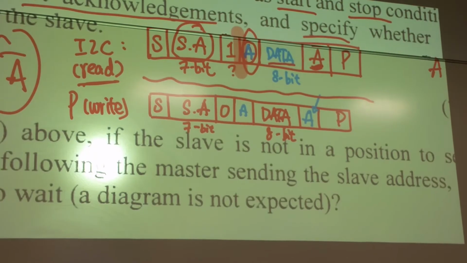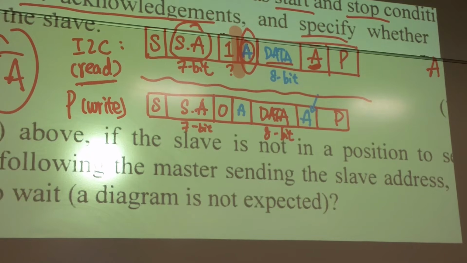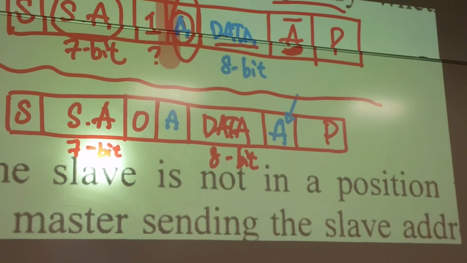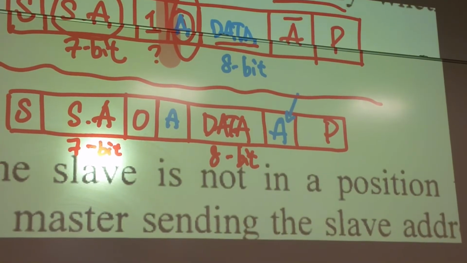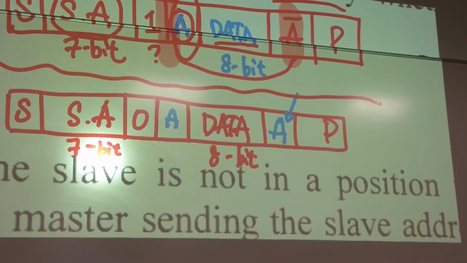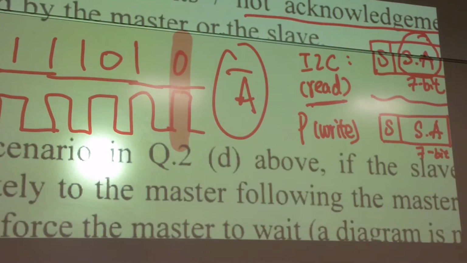Then what's the not acknowledge sent by the master? It's exactly the same as this. For acknowledge or not acknowledge, no matter whether it's sent by the master or by the slave, a positive acknowledge is 0 when there's a clock.